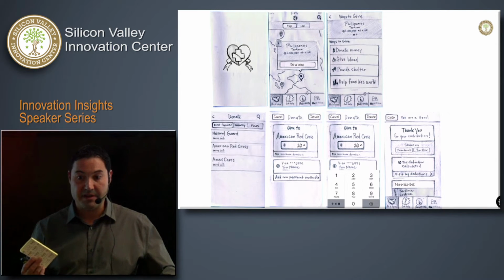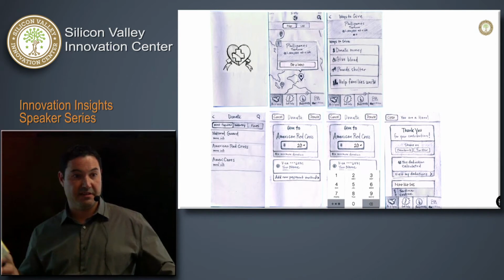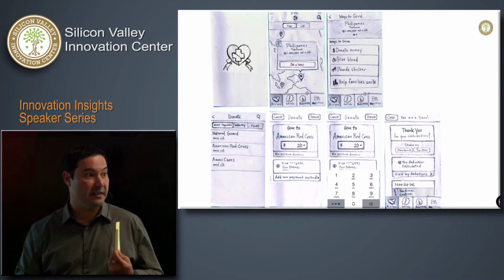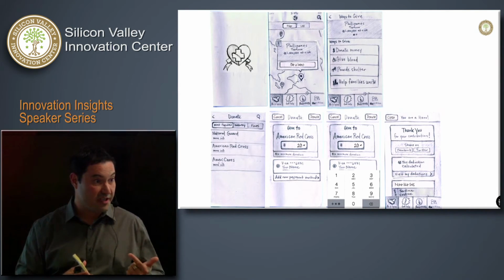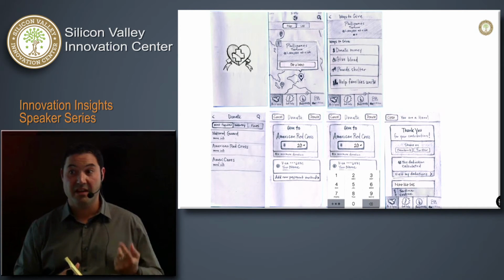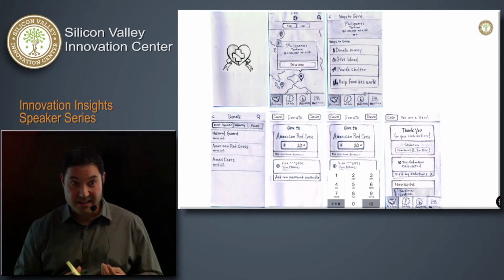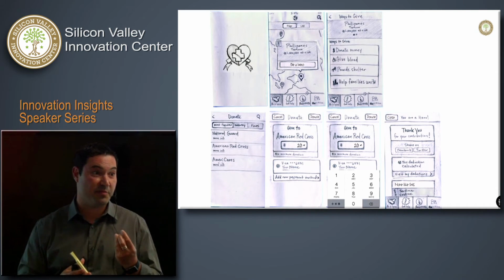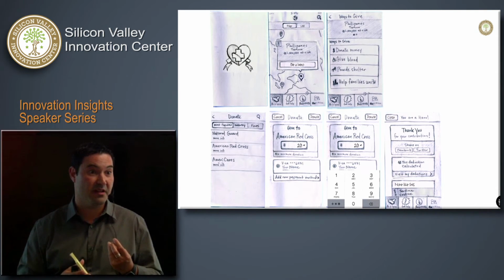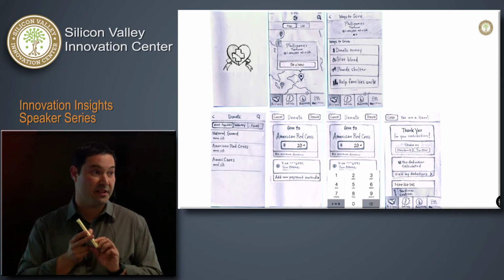But the key part of it is you can get a lot of stuff in this low fidelity. You can get transitions, you can get information architecture, you can get entire copy, you can get all the icons. You can pretty much solve 90%, 95% of your application by staying in this sticky note format.